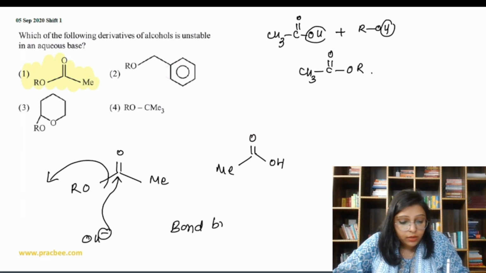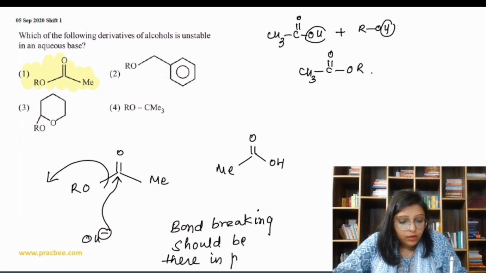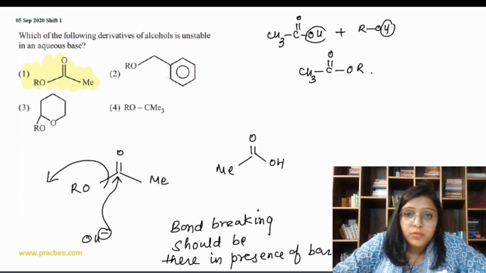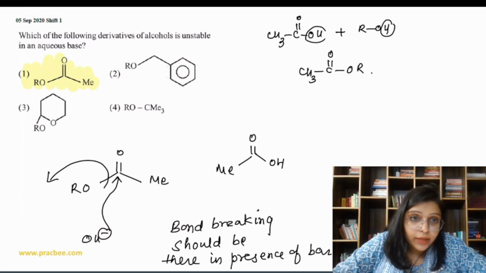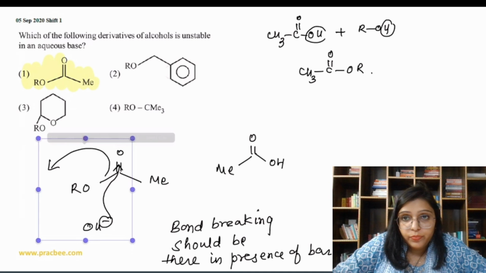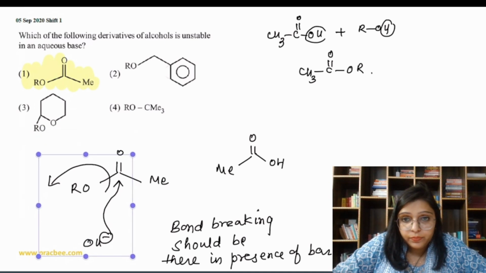Bond breaking should be there in presence of base. So we have to apply this concept in order to get the answer. That's it. Otherwise OH minus cannot attack anywhere. It cannot attack any other option, 2, 3, 4.